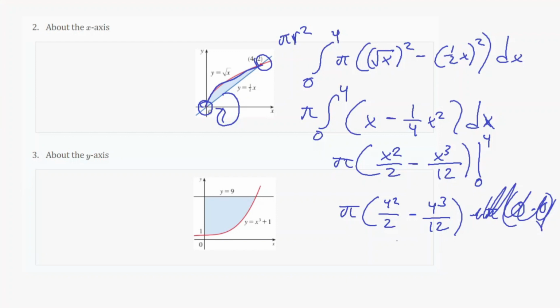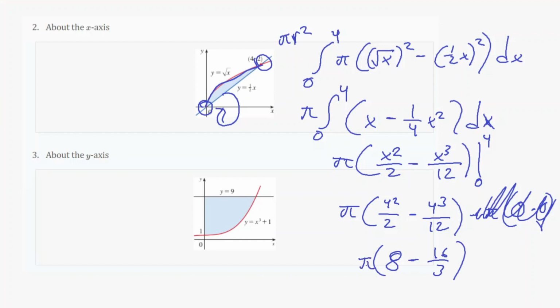So if we simplify all this, we have 16 over 2, which is 8, and then minus 4 to the third power, which is 64, over 12, which you could simplify to 32 over 6 or 16 over 3.